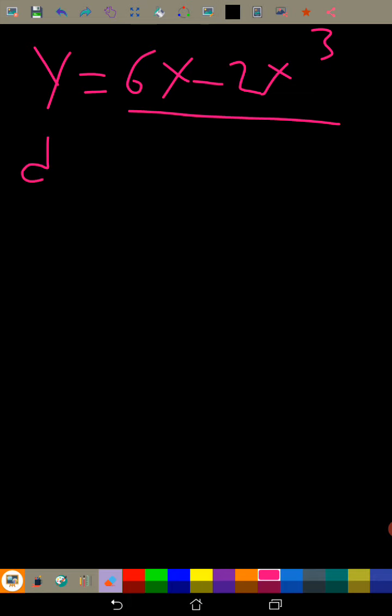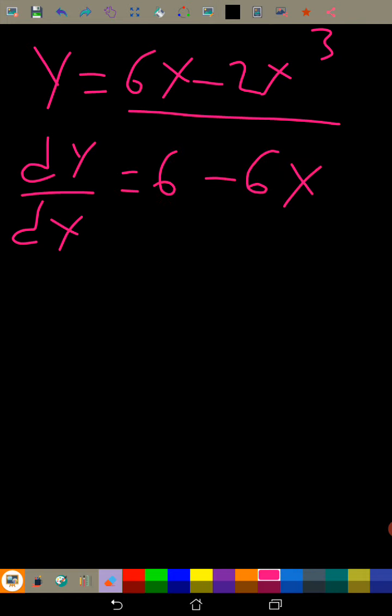So at which point dy by dx is equal to 0. So we know that it's 6 minus 6x to the power of 2. We can also put 6 outside. We have 1 minus x to the power of 2.